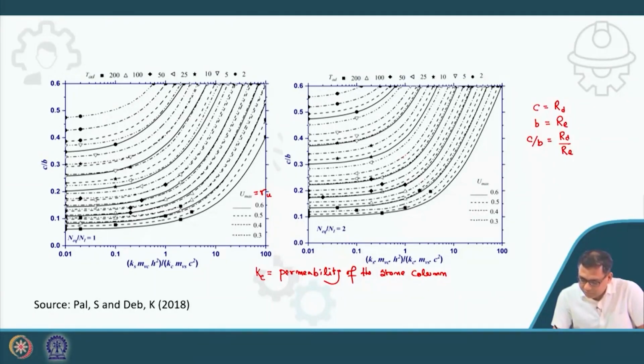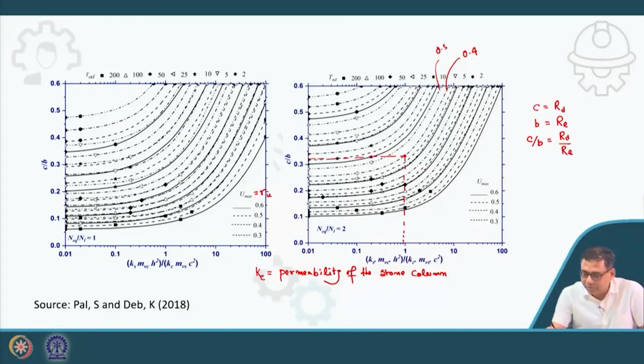So we will go for this line and corresponding to this line. Okay, so this is the point, because this line is for 0.4, which is the RU value.